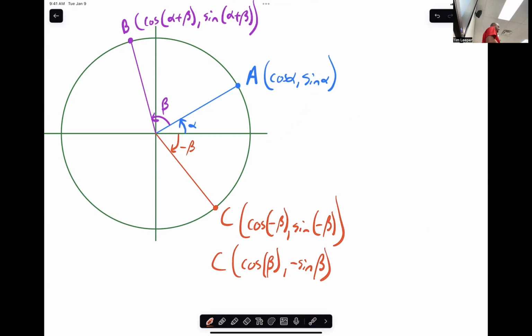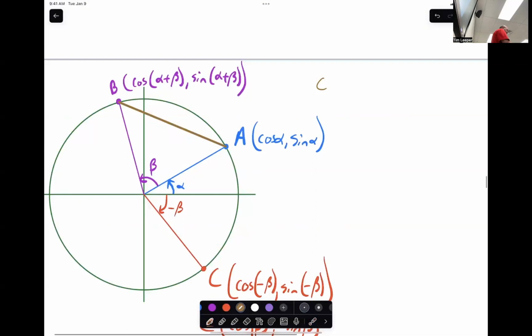Now then, sorry, back to the circle. There we go. Notice something, that the distance between this point here for B and this point here for A, in other words, the distance of that chord, so it's called a chord, C-H-O-R-D.